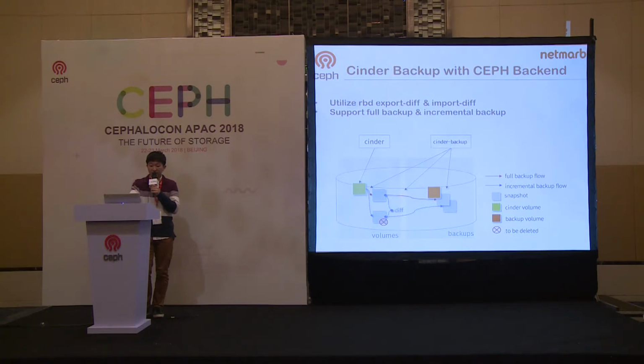In case of full backup, a snapshot is created from the Cinder volume and an RBD volume will be created in the backup pool. After that, the snapshot of the Cinder volume is exported and imported into the backup pool. In case of incremental backup, a full backup must exist before.